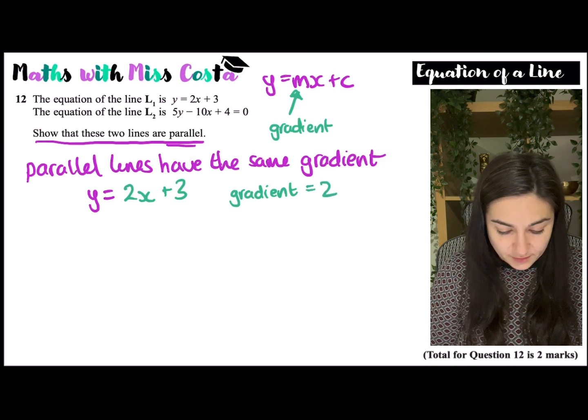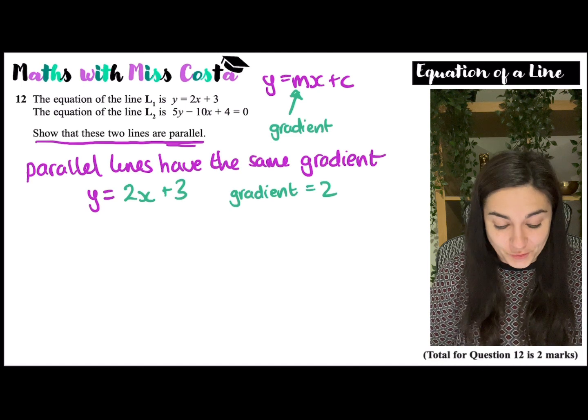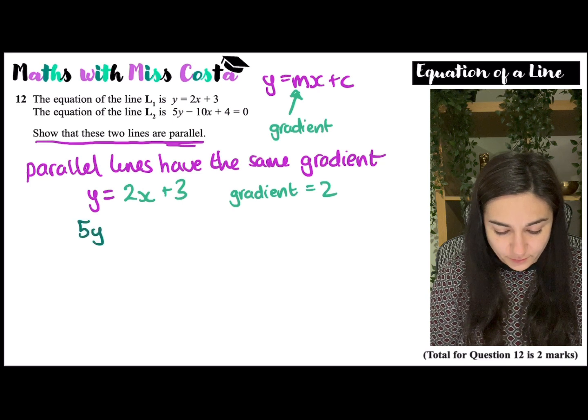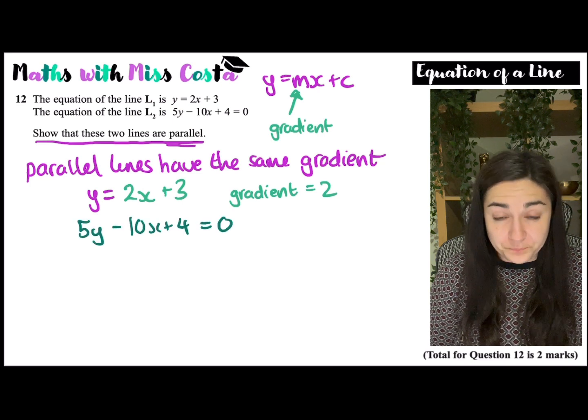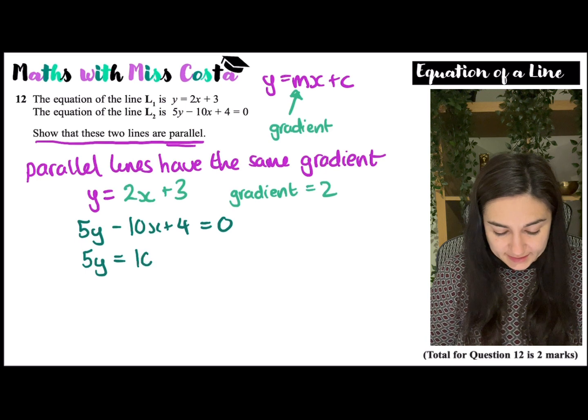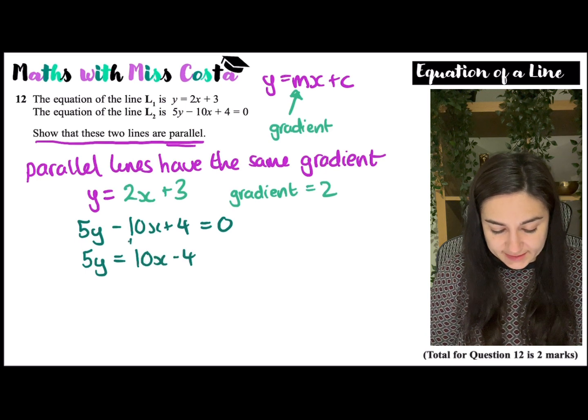So unfortunately this line is not rearranged in the form y equals mx plus c, so it's my job to do that. So I know that 5y minus 10x plus 4 equals 0. And what I want to do is rearrange that. So 5y would equal 10x minus 4. I've just added 10x and subtracted 4 from both sides.